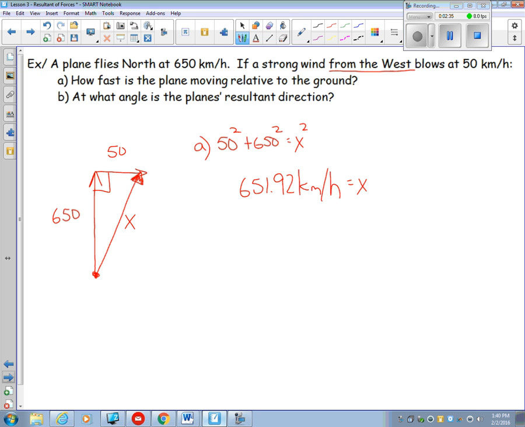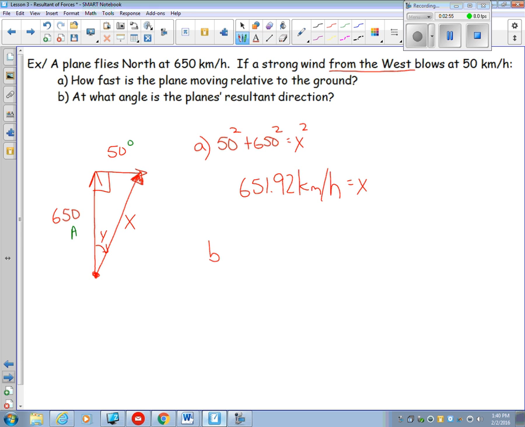For part B, at what angle is the plane's resultant direction? Well, the plane was trying to fly north, right? But now it's gone over this way. So I have an angle here I have to figure out. So go back to SOHCAHTOA, because it's right angled. This is my opposite. This is my adjacent. That tells me I can use tan.